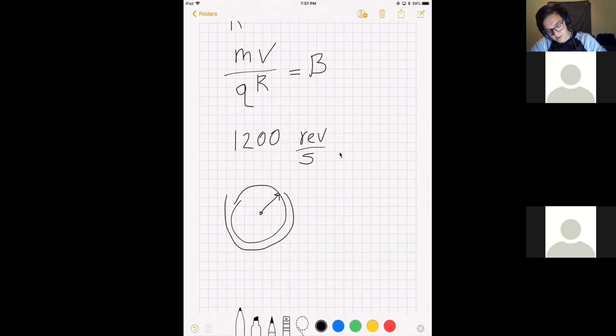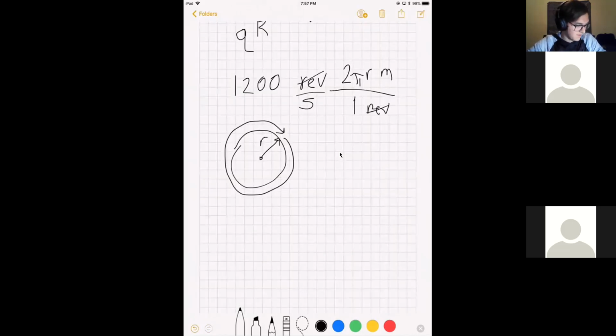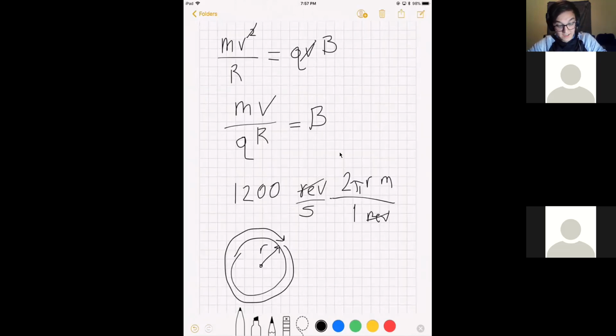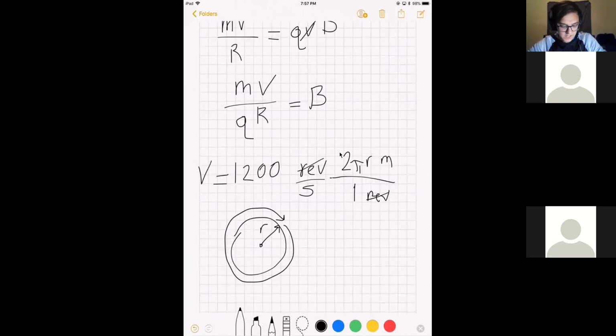Well, one revolution is just one time around the circle, and that's going to be 2 pi times r. So this is equal to 2 pi times r meters, because r has units of meters, divided by 1 revolution. We can cancel out these units, and then we get some number out of this, and then we have a unit of meters per second. That's equal to v.